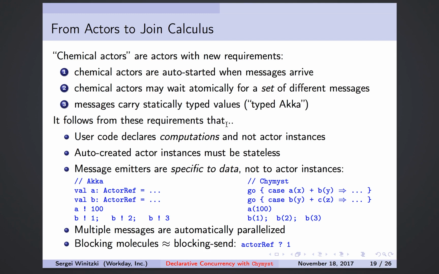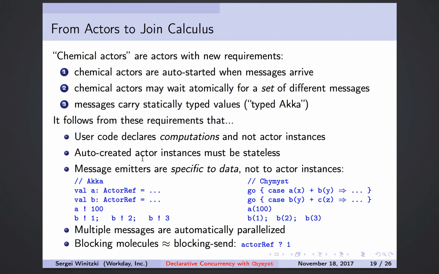It's created, this so-called chemical actor, as I temporarily call them now, just to process a message, and once it's done, it's deallocated, destroyed. So it must be stateless. And message emitters are not specific to actor instances, they're specific to these labels or to data, which makes them easier to reason about as well.